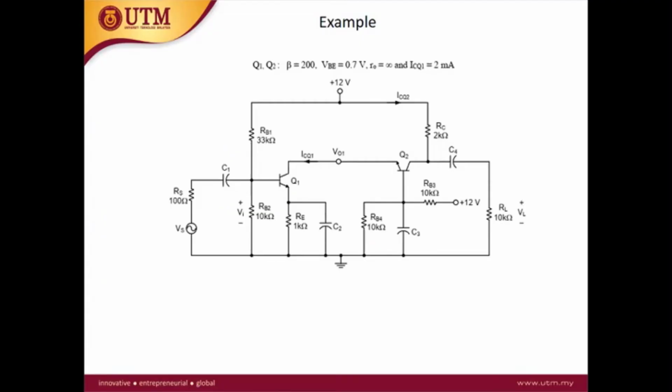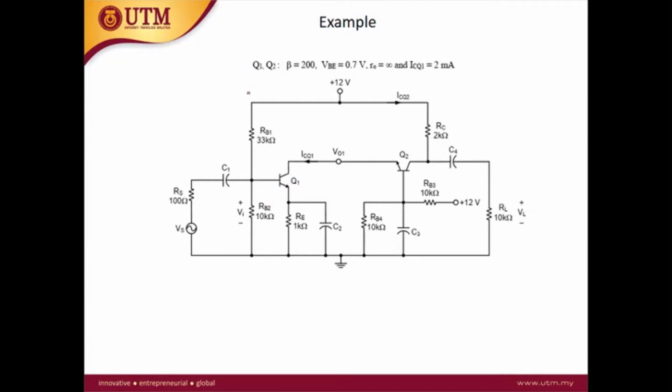So next we do the example taken from the past year final exam. This is a cascode amplifier. Cascode amplifier is a direct coupled multi-stage amplifier. Cascode consists of the common emitter plus the common base.